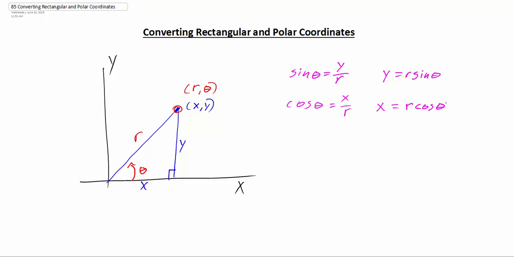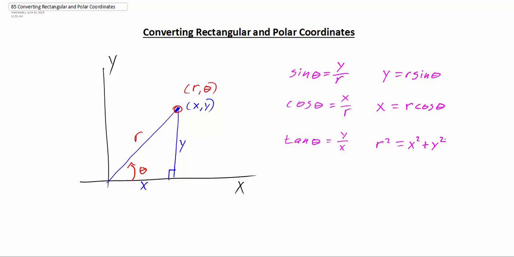And we also know that the tangent of an angle is equal to y over x. And using the Pythagorean theorem, we know that r squared is equal to x squared plus y squared.